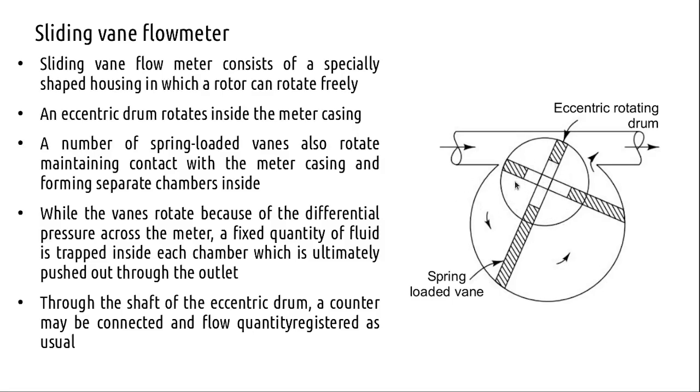This counter will be rotated because of the rotation of the vane. You would have seen some such structures, maybe without identifying them. A rotating vane is otherwise called a sliding vane; both names are used interchangeably.